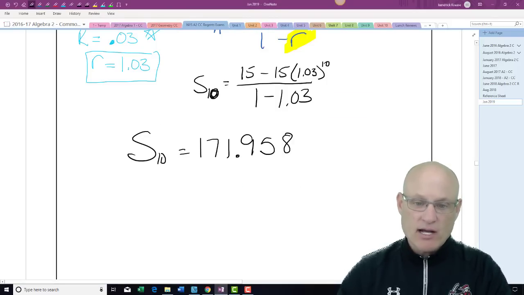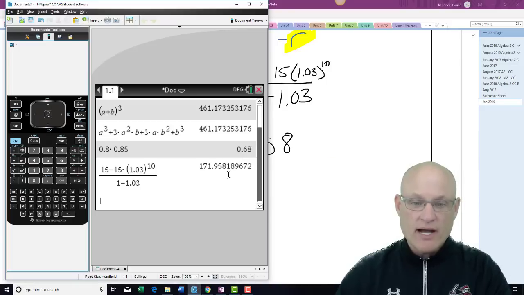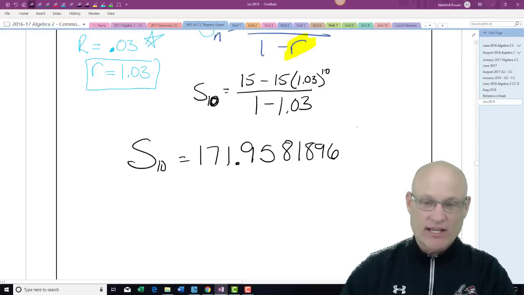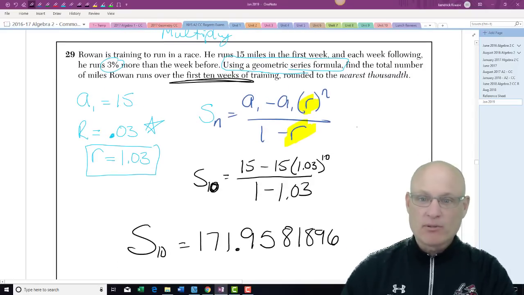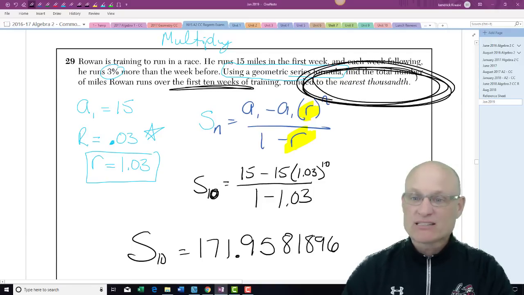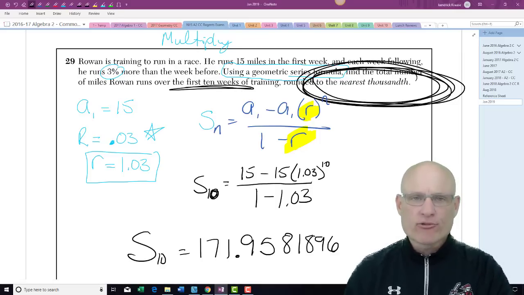You get 171, so S sub 10 is equal to 171.958. Since this is miles, they're probably going to just ask you to round to the nearest mile. Oh, yeah, I forgot about this problem. Nearest thousandth. Why in the world would anybody ask you to round the amount of running you do to the nearest thousandth of a mile?